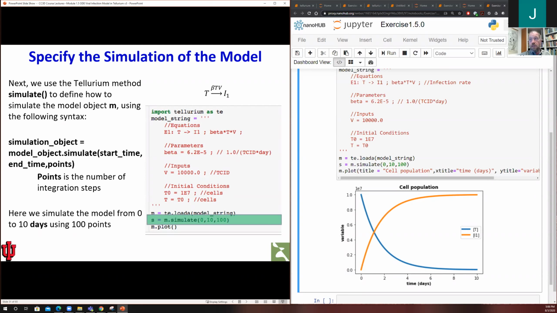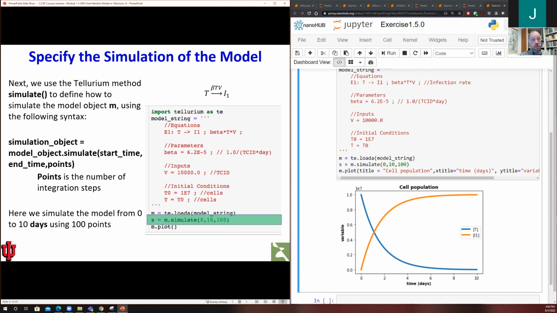If you're interested in all of the many settings for simulate, you can look on the online documentation. For our purposes, what we need to know is that simulate starts with a start time, comma end time, comma the number of points. So this is a fixed time step integrator. And if you have a situation where it crashes, typically you make the number of points bigger for convergence. Again, there are fancy things you can do with the integrator, which we won't talk about today.